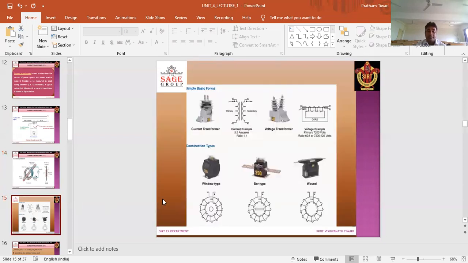This is another way of identifying the current transformer and voltage transformer in industries, as you can see in this figure. This is the current transformer equivalent circuit type presentation. This is the block diagram type voltage transformer presentation.